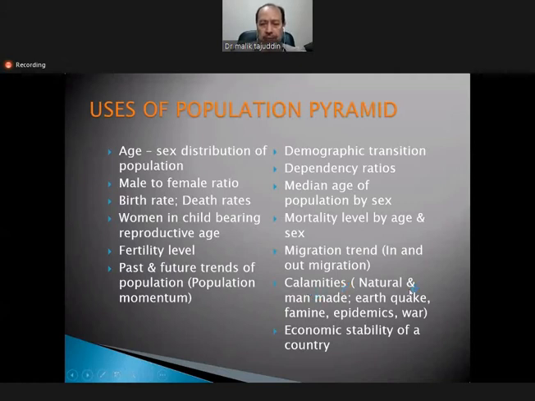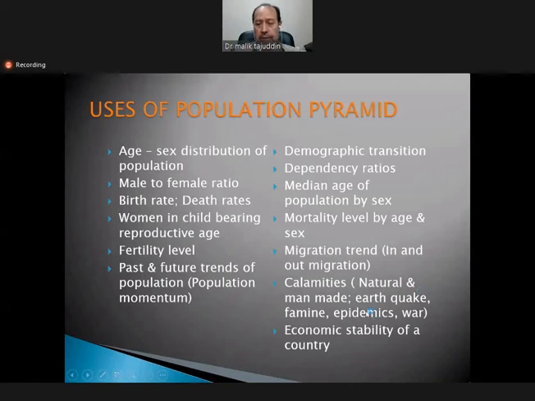Then calamities: there are natural and man-made ones. What are the disasters there? Natural disaster, terrorism is not a natural disaster.